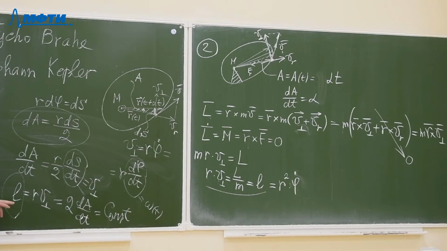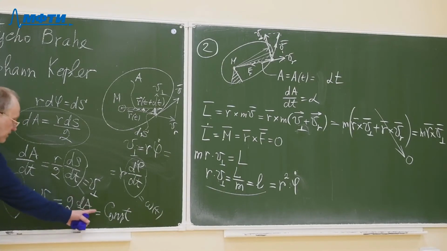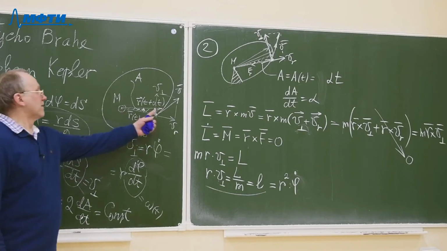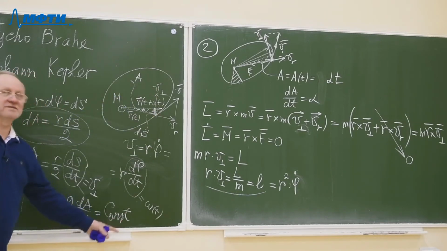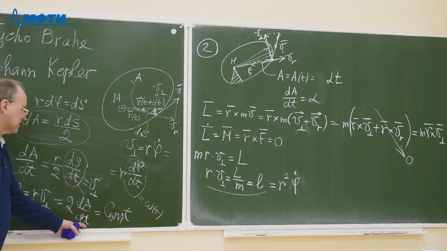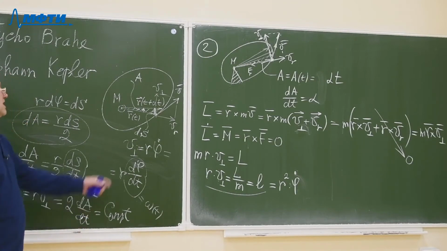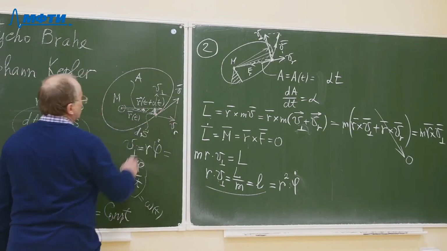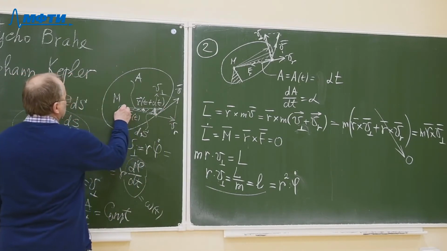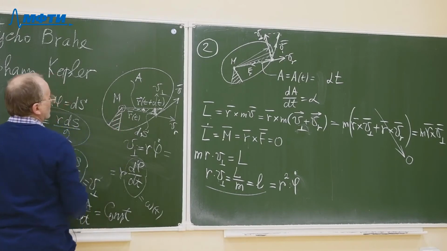So the law of conservation of angular momentum gives you the result that the rate of change of area swept by the radius vector is constant in time, which means that in equal intervals of time, equal areas are swept by the radius vector. This area swept in 1 hour will be equal to this area swept in 1 hour.